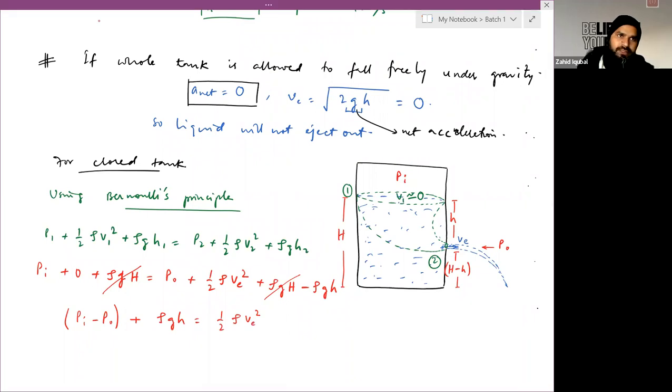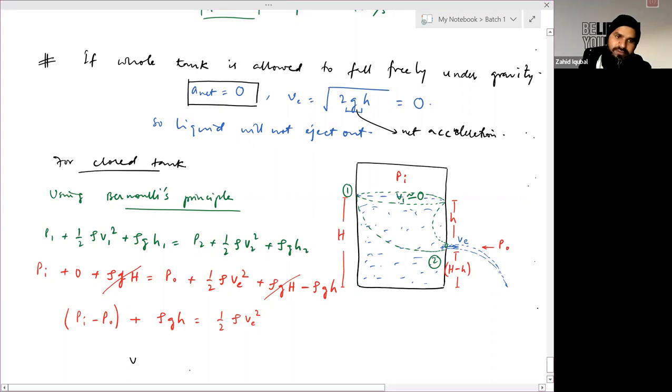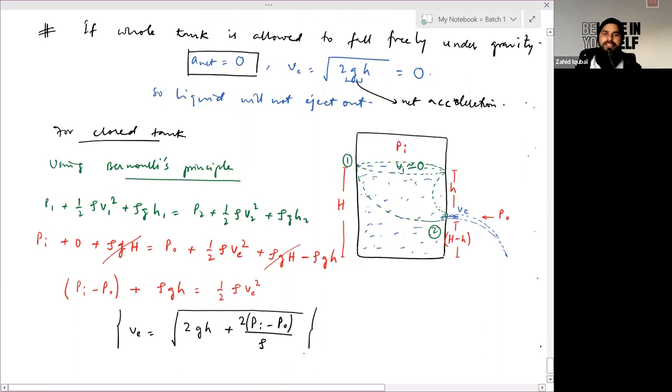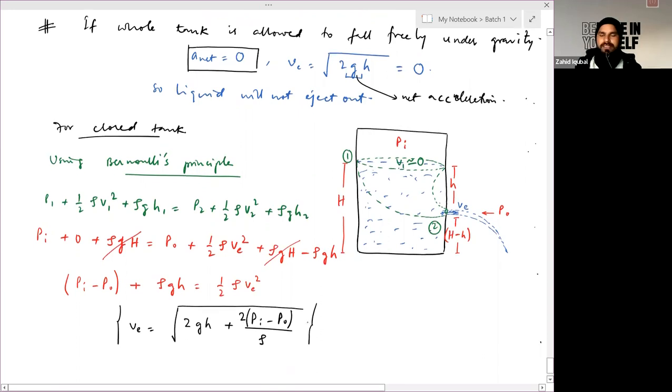On solving this expression, velocity of efflux will be root under 2 times (g h plus pressure difference divided by rho). So it will give you some larger value of velocity of efflux due to this pressure difference. Is it clear?